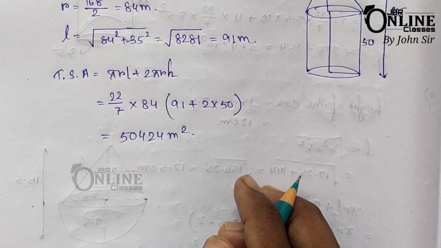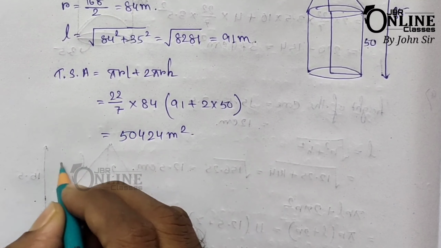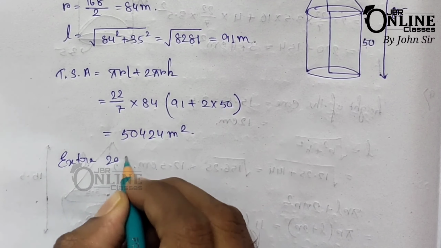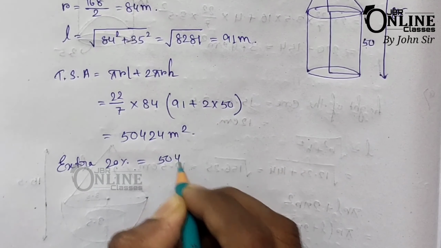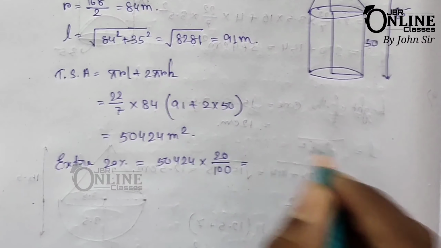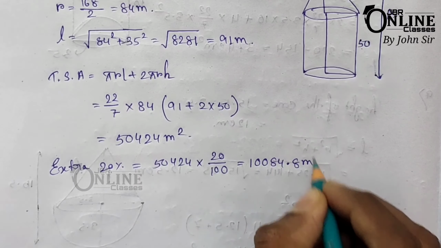Okay, now in the question it is given that allow 20% extra for folds and stitching. So that means you have to find out 20% of that area. So extra 20% equals 50424 into 20 by 100, and that equals 10084.8 meter square.